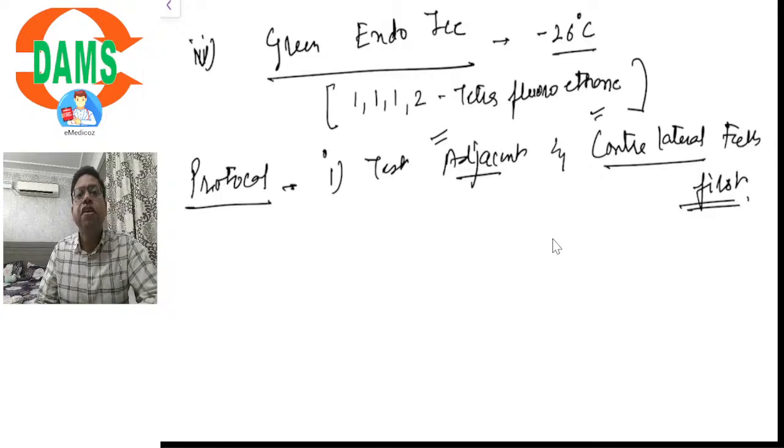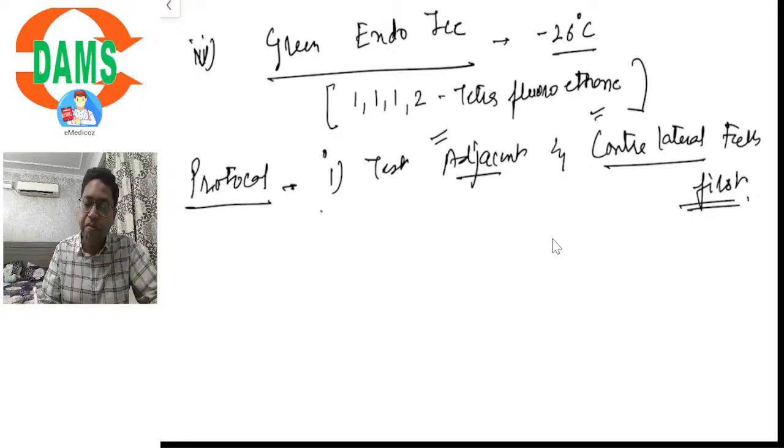Why? Because we are relying upon sensory nerve fibers and every patient has got a different pain threshold. So what is the baseline response? We have to ascertain by applying the cold testing agent to some normal tooth. Normal teeth can be several adjacent and contralateral teeth.